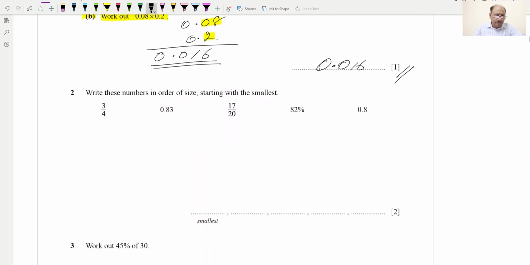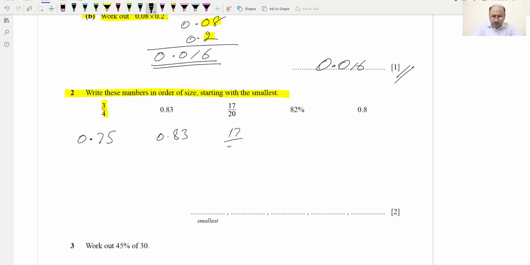Hopefully you understood this. Then write these numbers in order of size, starting with the smallest one. 3 by 4 is basically 0.75, we can convert into decimal 0.75, and this will be 0.83. This is already in decimal, and this one we can write as 17 divided by 20.